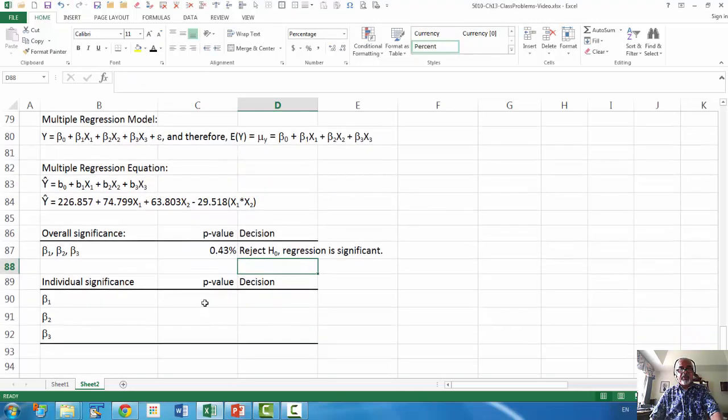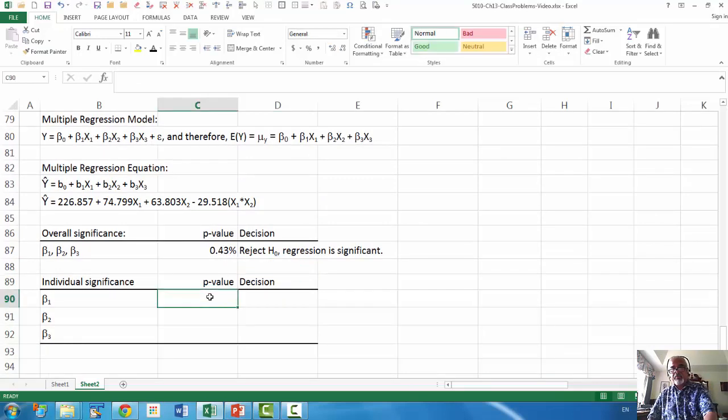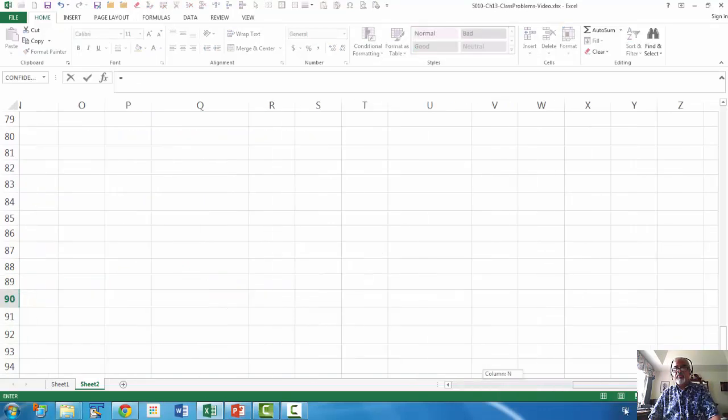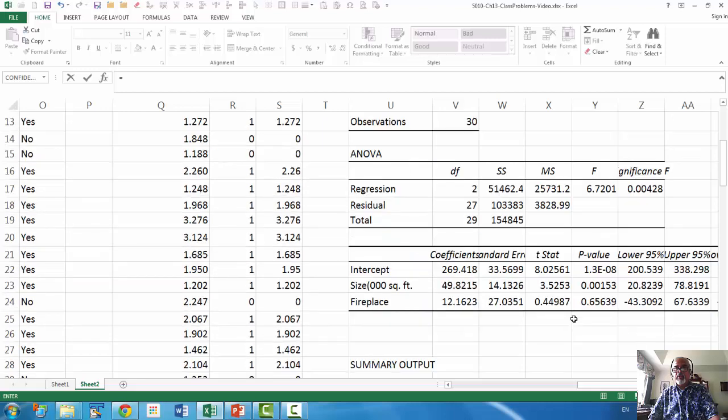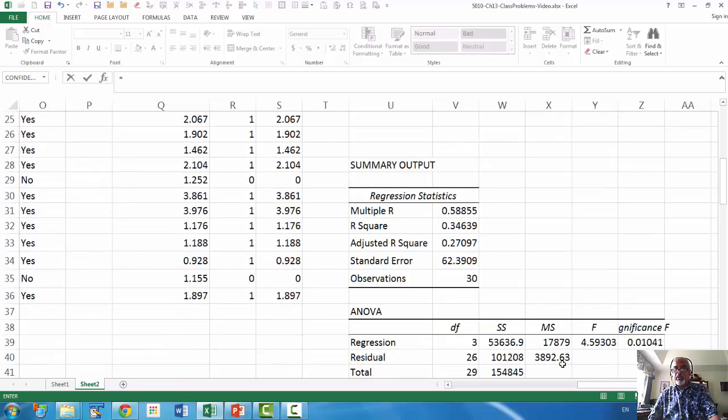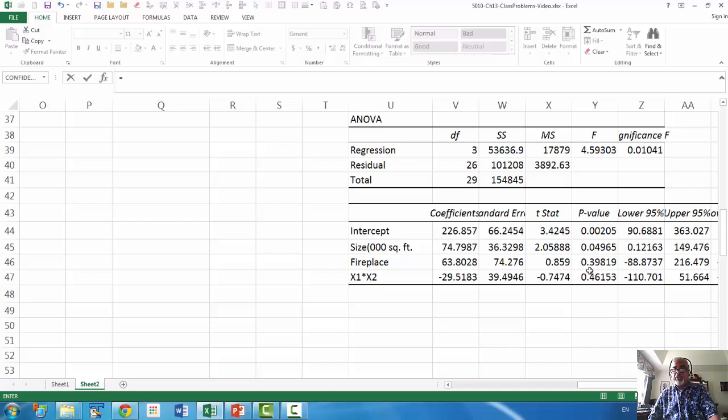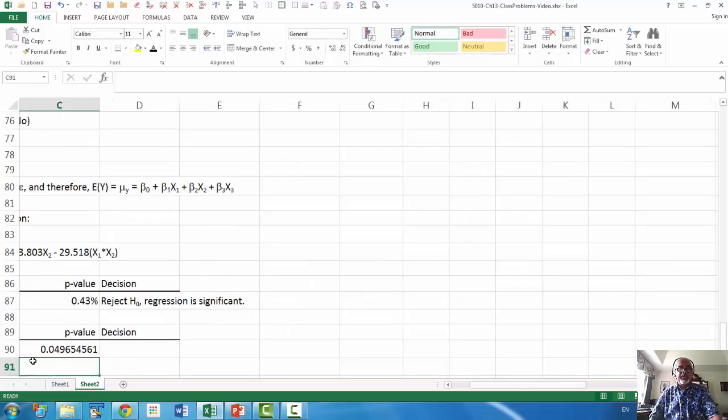Individual significance, we'll get the p-values from the table. Here are the three p-values. So that's the size.